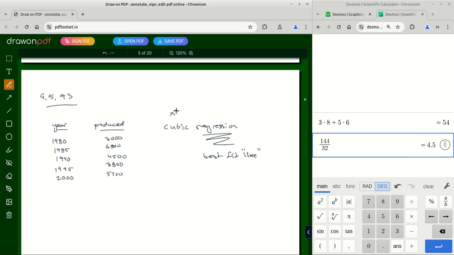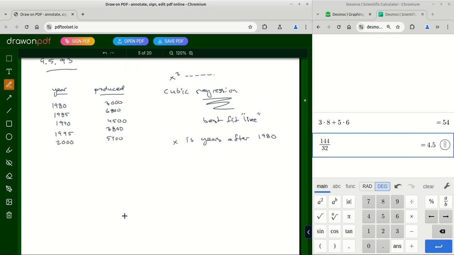Cubic means it starts with x cubed, blah blah blah. So we got an x cubed, and we want it to fit the data best. One last thing is x is years after 1980, and that's just to make it easier on the model. Oh, and then we're going to take the derivative of that here in a second.